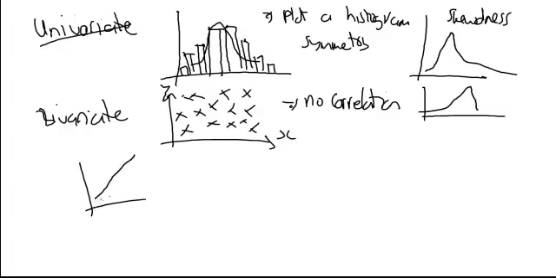If you have the data lining up basically along a straight line, which is increasing, we say that they're perfectly correlated. So perfect correlation, perfect positive.